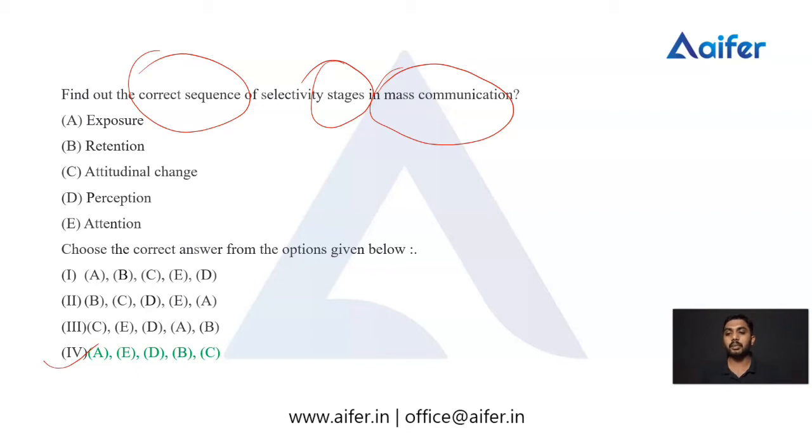And the perception. Perception means how we interpret something, or how we look at a thing, or how we give meaning to a particular thing. And attention means we want to pay attention to something, or we need to be focused on a particular thing that we need to achieve.